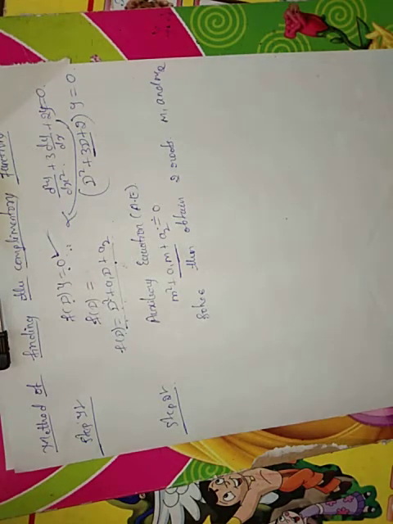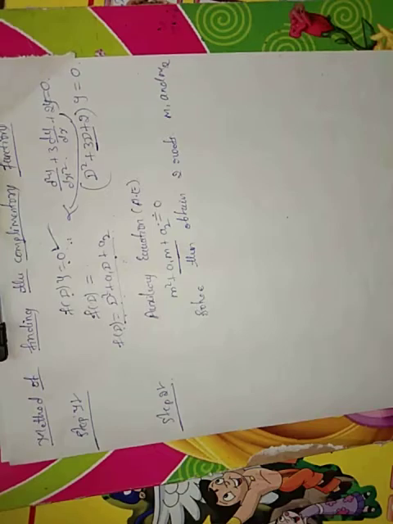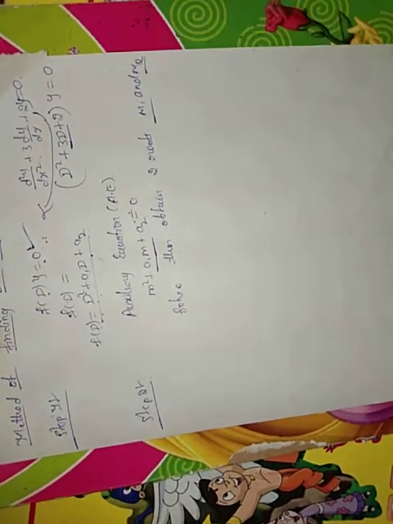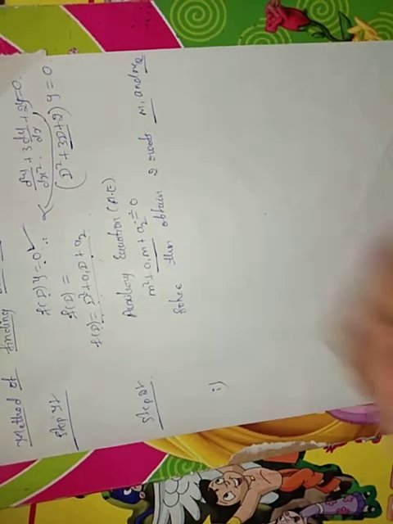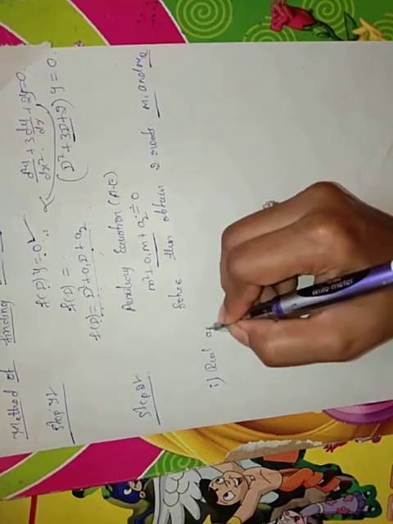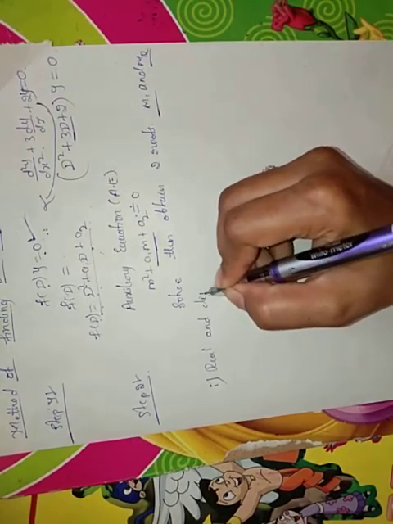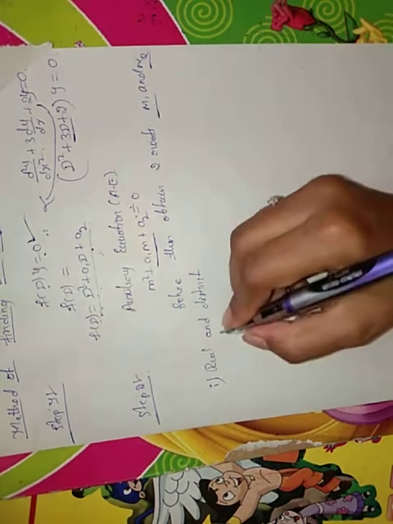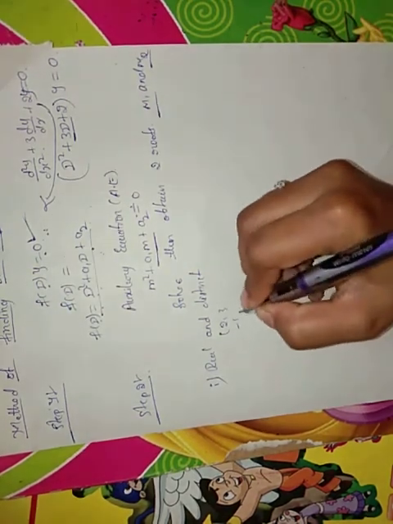Those roots will be of three different types. One is that the roots may be real and distinct, like 2, 3 or minus 1, 3.